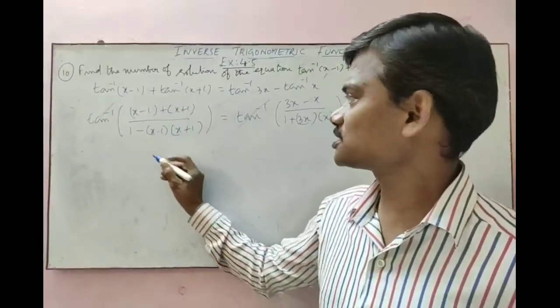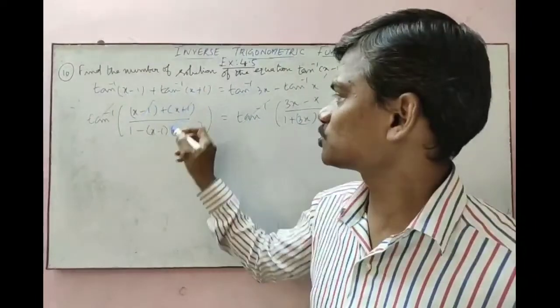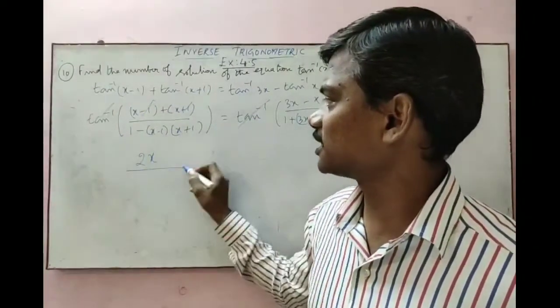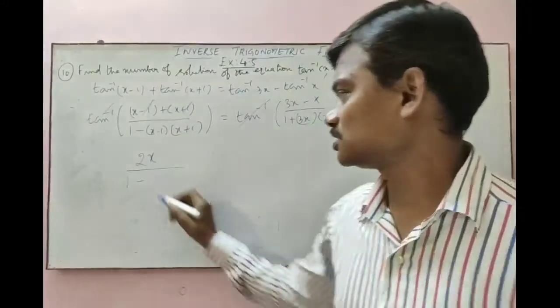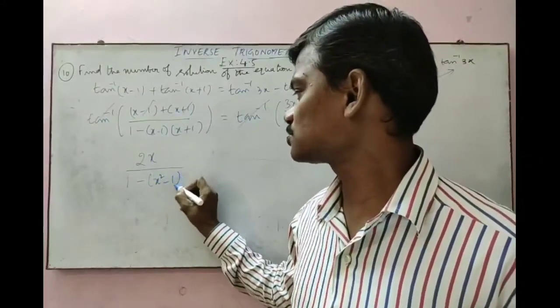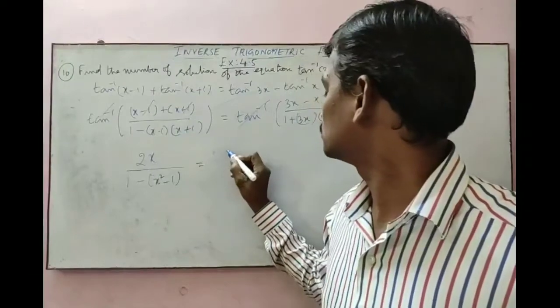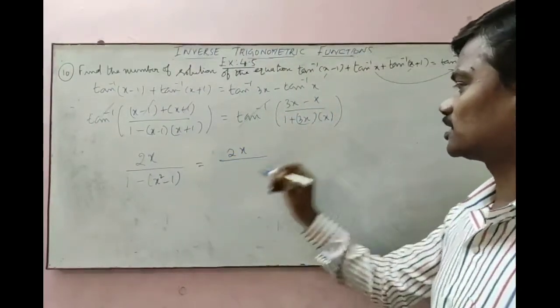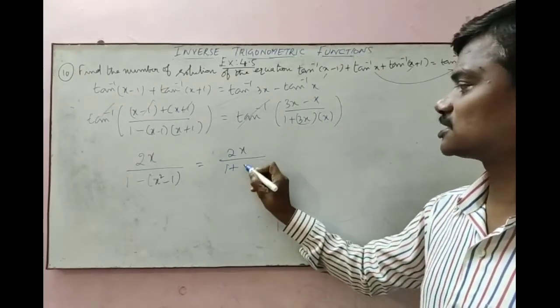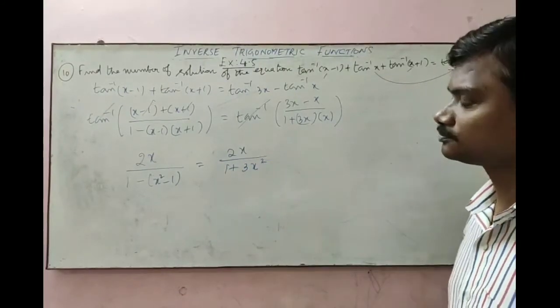Just simplify this, you will get minus 1 plus 1 gets cancelled. You will get 2x by 1 minus, this is in the form of a plus b into a minus b, so you will get a square minus b square, equal to 3x minus x gives 2x by 1 plus 3x into x gives 3x square.